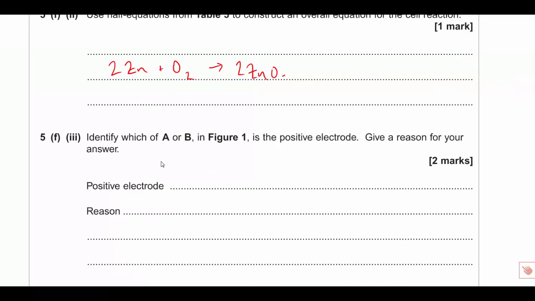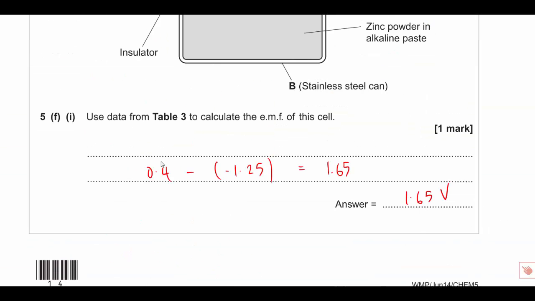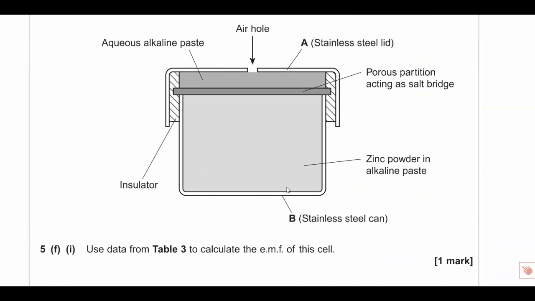Identify which of A or B in figure 1 is the positive electrode. Give a reason for your answer. So A or B, which is the positive electrode? Right, so we've got zinc powder there.